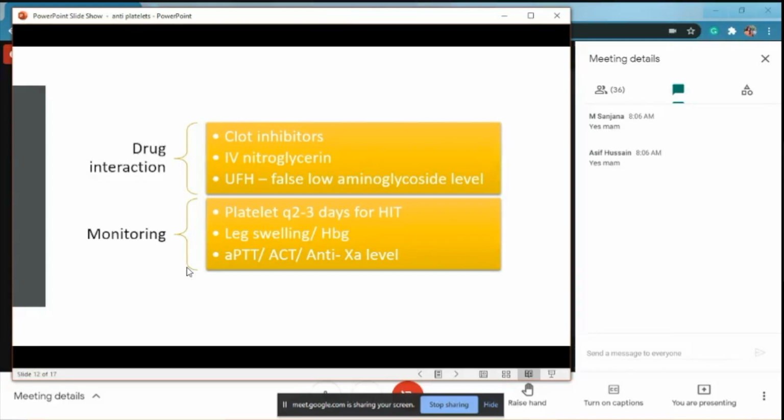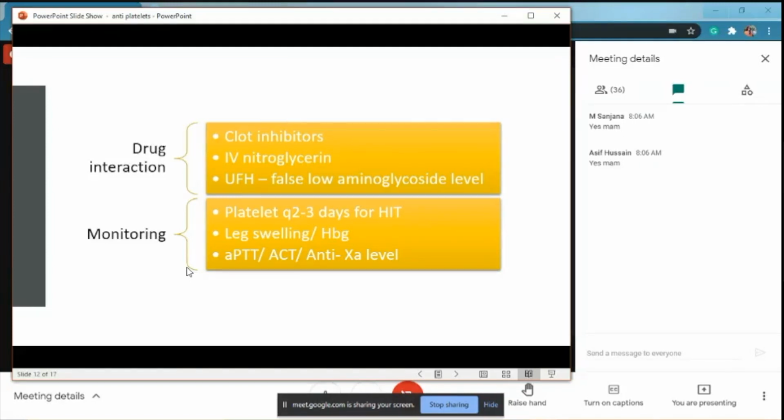We have to make sure they're not doing that, because it can cause a false low aminoglycoside level. So again, we have to make sure we are not flushing the IV line.